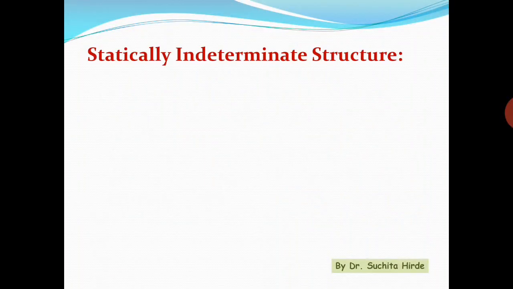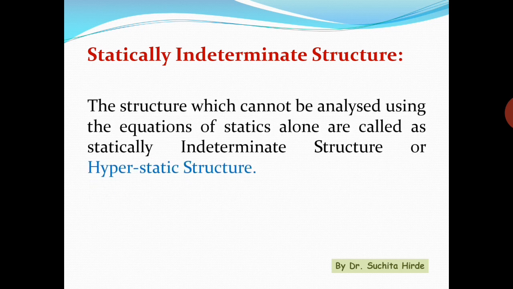And what is a statically indeterminate structure? The structure which cannot be analyzed using the equations of statics alone is called a statically indeterminate structure or hyperstatic structure. I hope you have understood the concept of statically determinate and indeterminate structures.